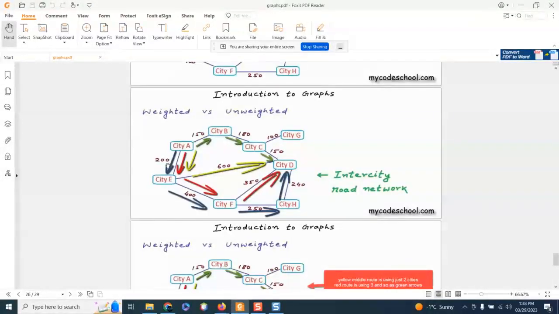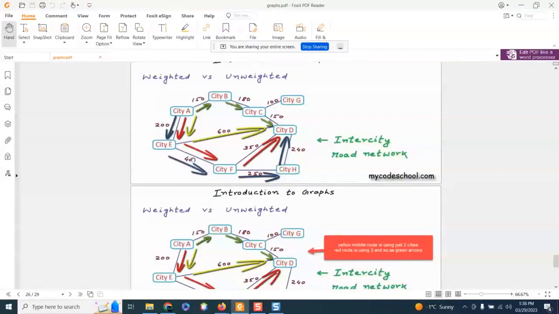But if I say 200 plus 50, that will be only 250, and then you can reach from city A to city D in a very efficient way in kilometers and gas as well. But looking at the slide at the moment, I can guarantee it looks like this one is the shortest path, 150 plus 180 plus 150. But that's not the case all the time. You can have multiple different routes to go to a different city.